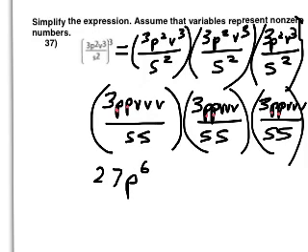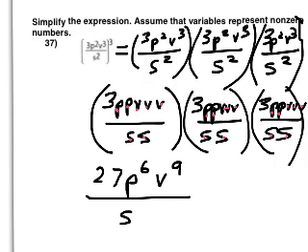P to the sixth. 1, 2, 3, 4, 5, 6, 7, 8, 9 v's. V to the 9. And it's over how many s's? 1, 2, 3, 4, 5, 6. S to the sixth. So what looks like a very complicated problem is actually quite an easy problem if you break it down. And it didn't take that long, right?